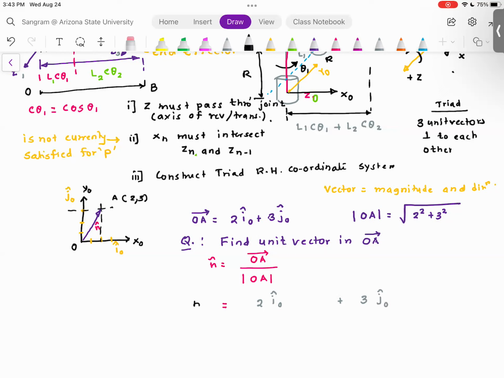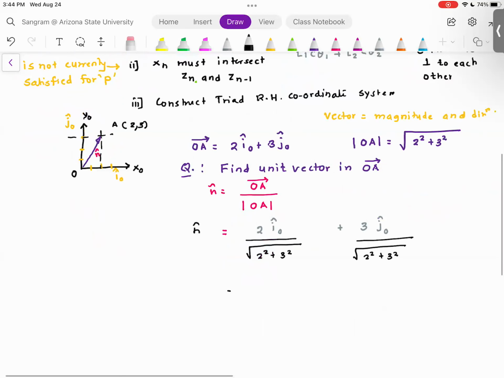And again, at the end of the day, we are dealing with this unit vector n. Divide this quantity by the square root of 2 squared plus 3 squared. Agreed? Everyone okay with this? Now, I'm going to write this something like this.